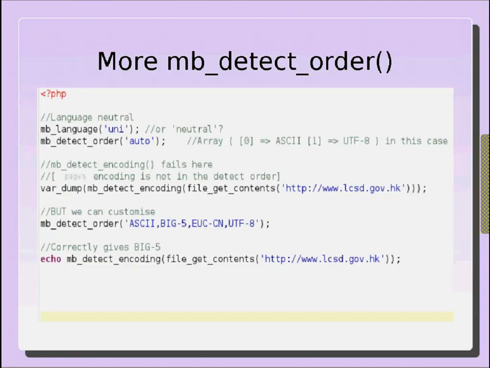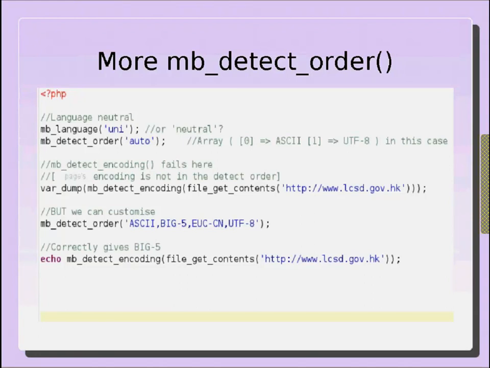I've put in the middle Big5, which is a Chinese character encoding, and EUC-CN, which is a Unix style character encoding for Chinese characters. After extending the list, if I detect the encoding again, it works. It doesn't error, it doesn't return false, it's telling us Big5.